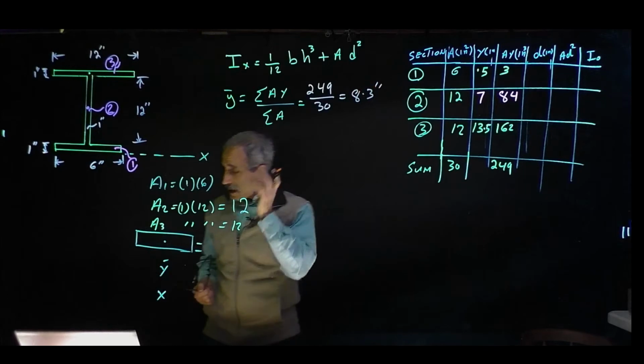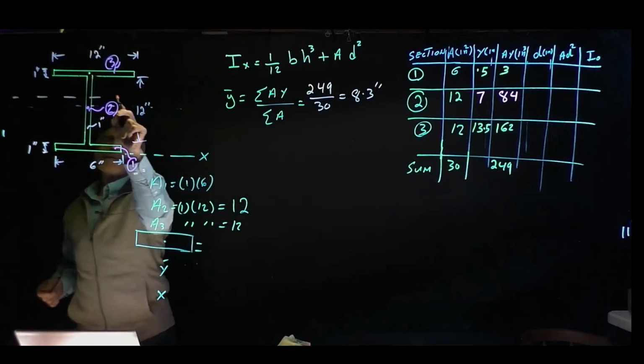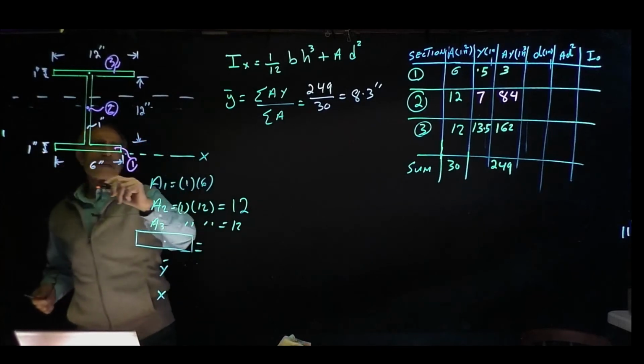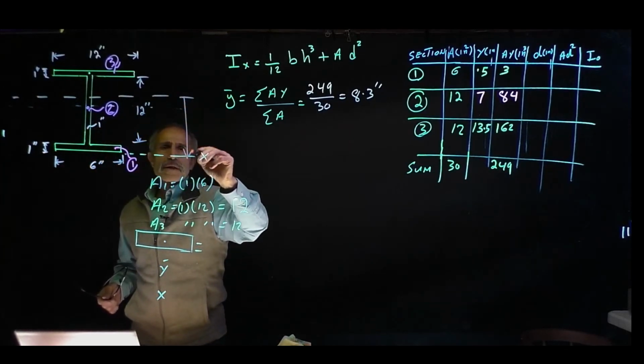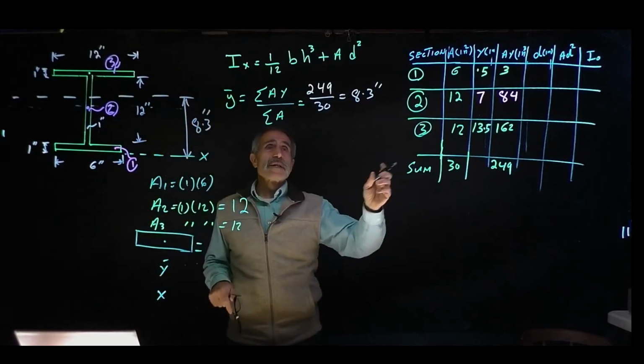So what does it mean? It means my neutral axis from here is going to be someplace like this, at a distance of 8.3 inches.